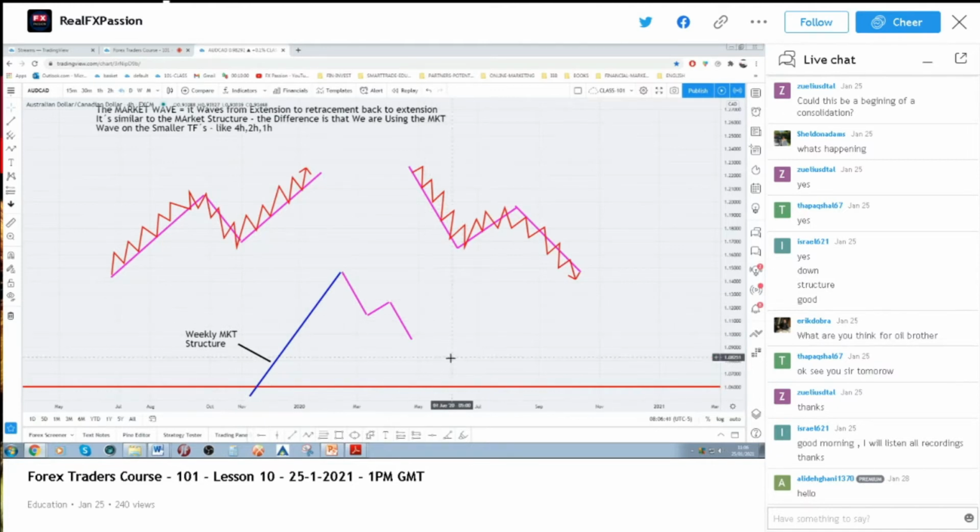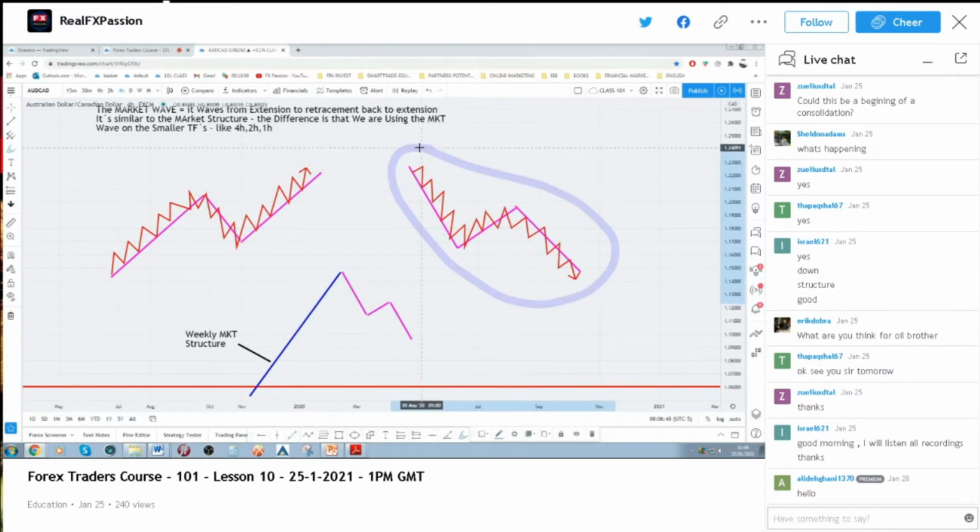Okay, everybody. Now, this is the difference between market structure, which is using the same principles and concepts, and the market wave. This is this, all right? And the short-term trend, right?